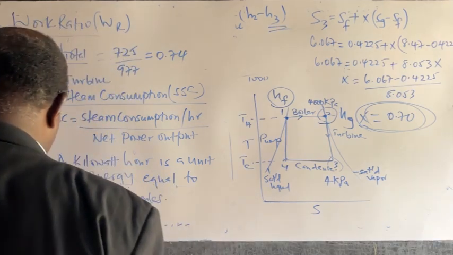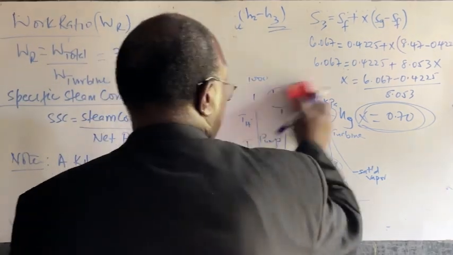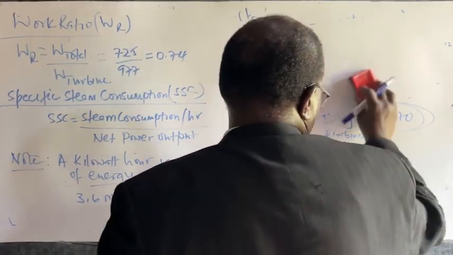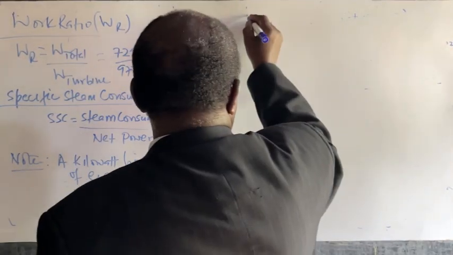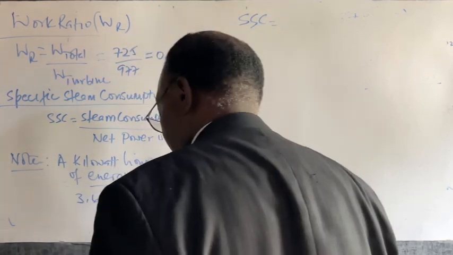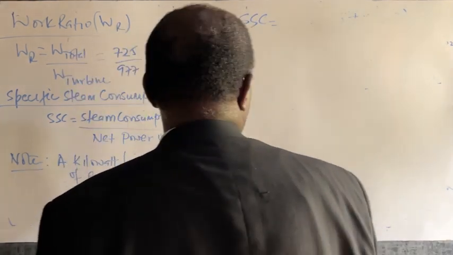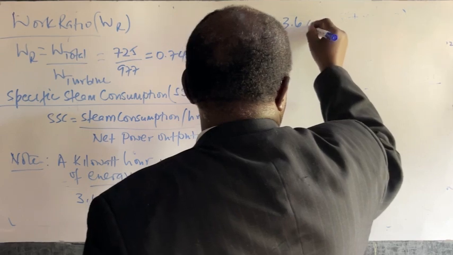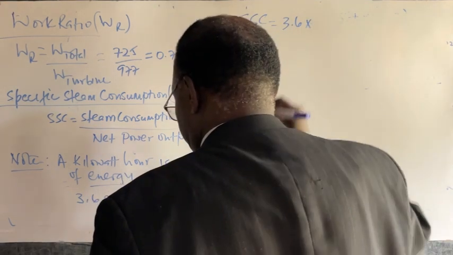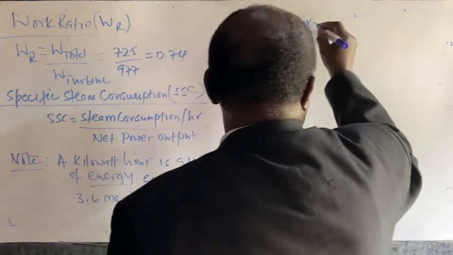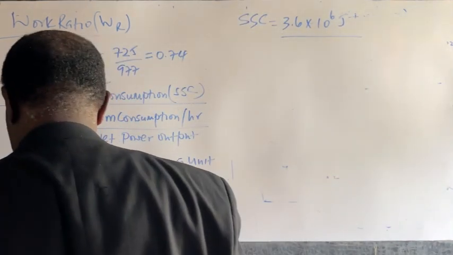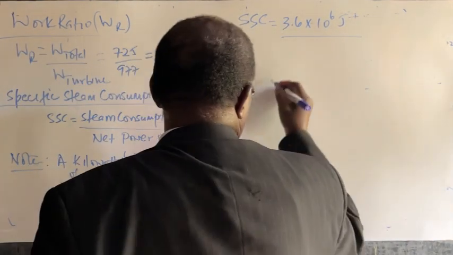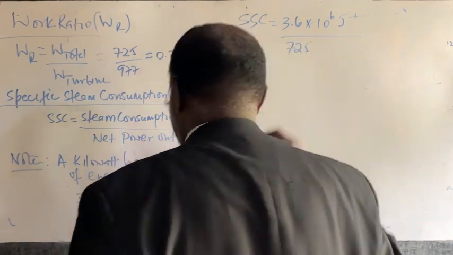And so what do we have here? We can now do our SSC, our steam consumption. Therefore, it will simply be 3.6 megajoules divided by 725.